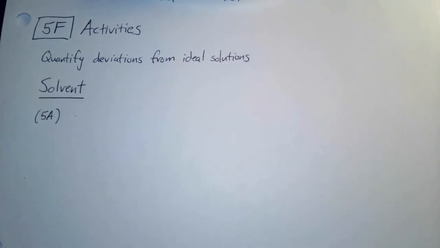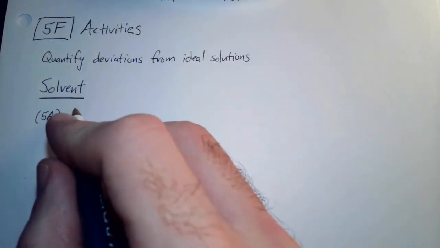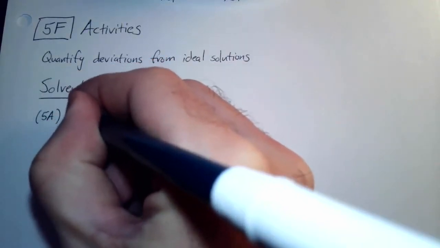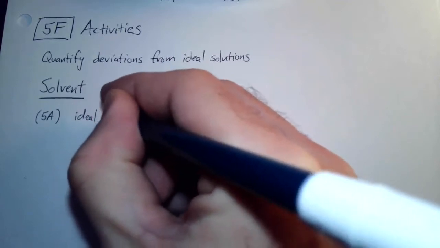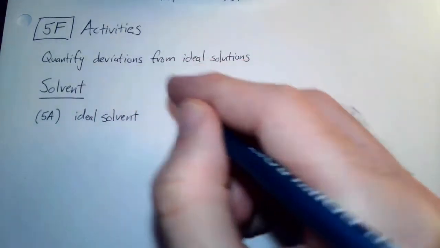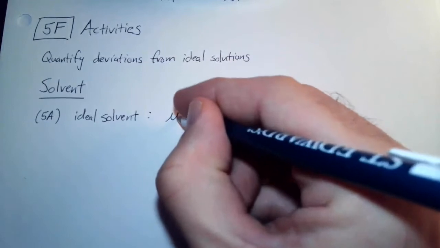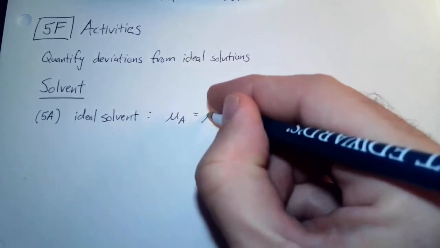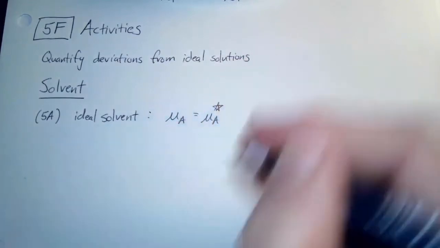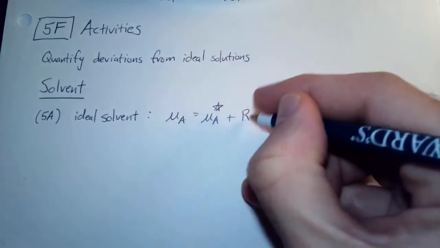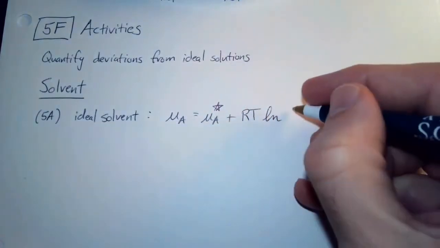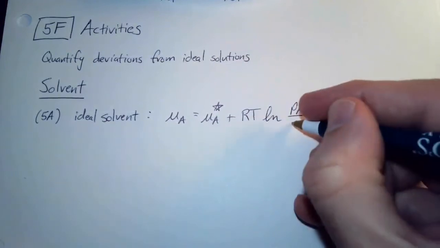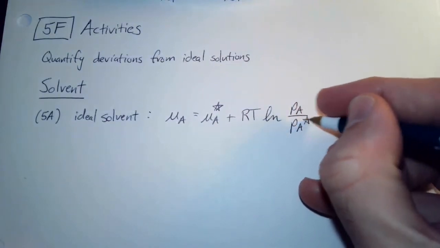All right, so in section A, we talked about an ideal solvent and its chemical potential. An ideal solvent means a solvent in an ideal solution. Its chemical potential is its chemical potential as a pure substance plus RT natural log of the partial pressure of the solvent.